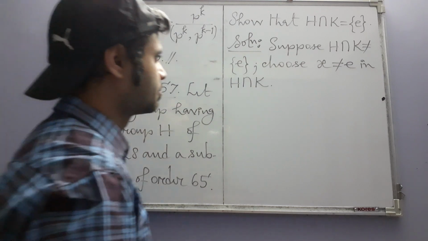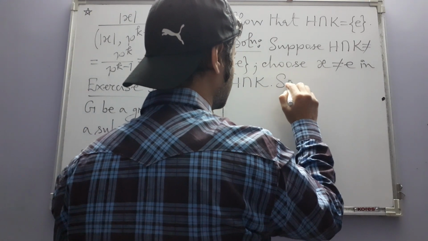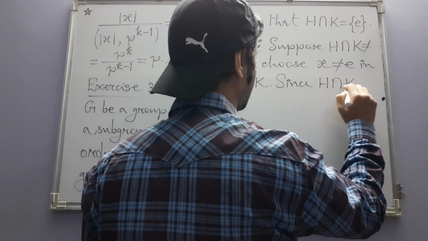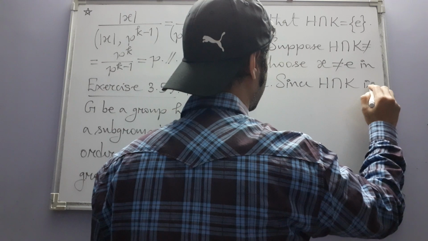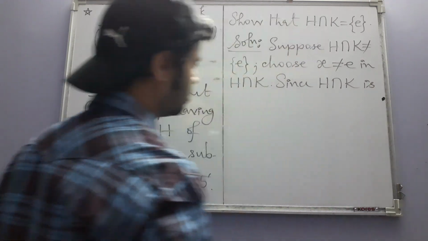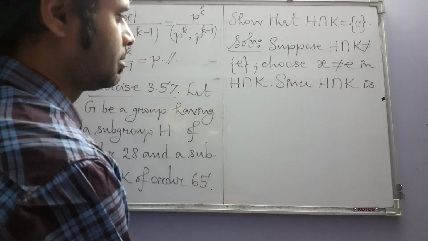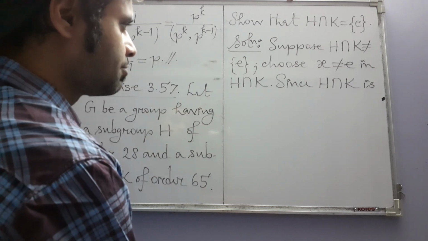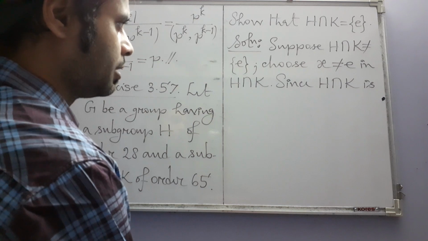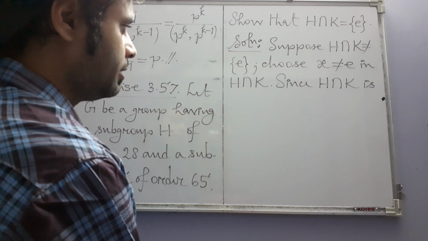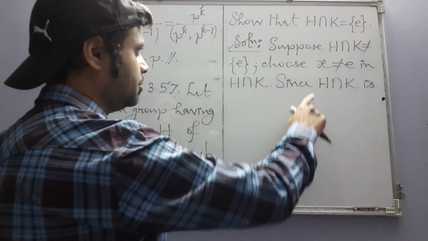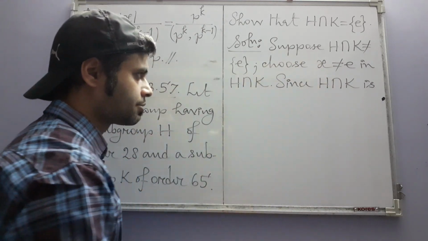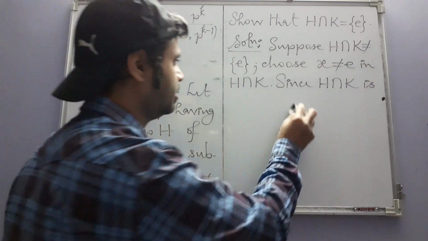Okay. H intersection K is itself a subgroup which is finite, but we need not consider that; we really need to use the fact that X is now an element of both H as well as K. That's what we need.